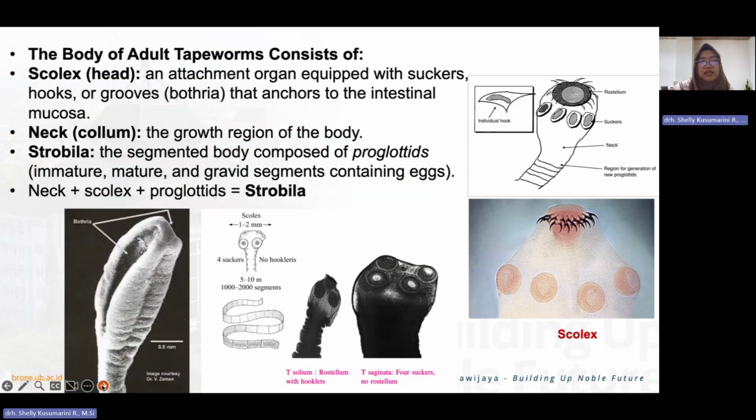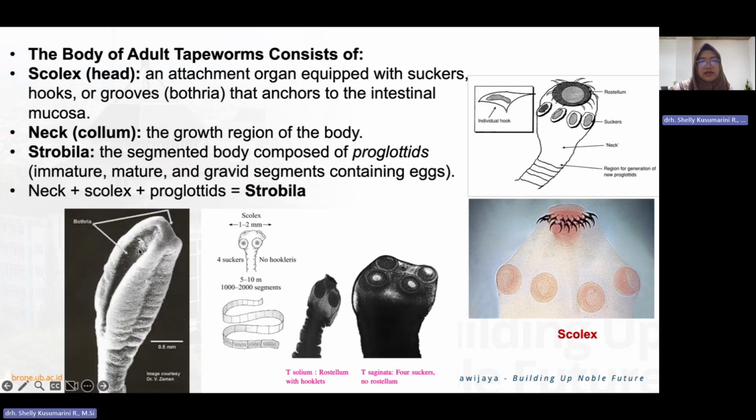The body of an adult tapeworm consists of scolex, neck, and also strobila. The scolex consists of suckers and rostellum, and you can see the hooks. This is the neck, the region of generation of new proglottids.